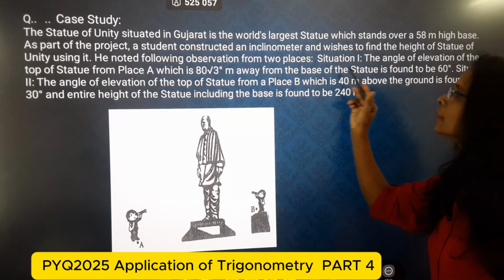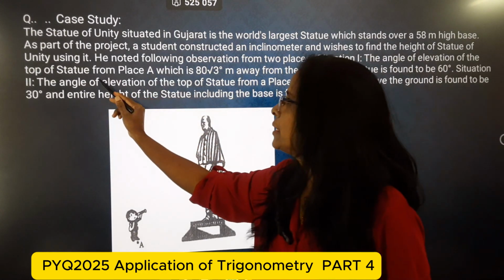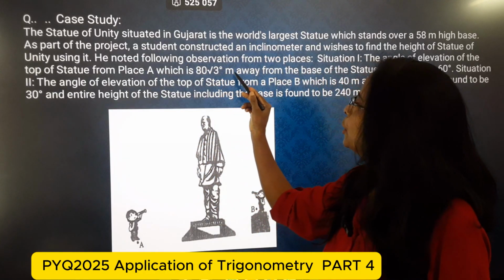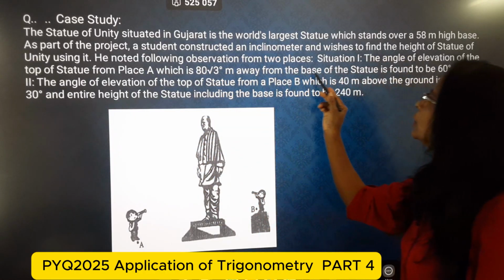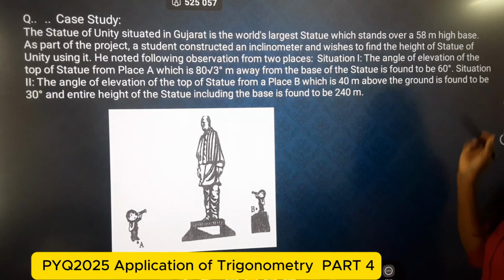Situation first, the angle of elevation of the top of the statue from place A, which is 80√3 meter away from the base of the statue, is found to be 60 degree.